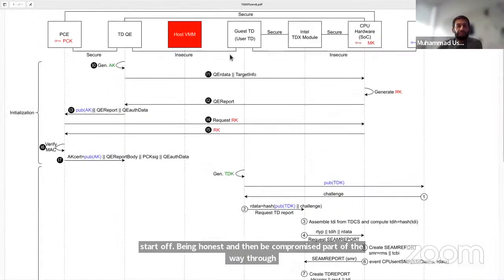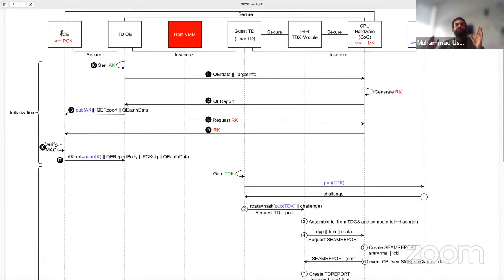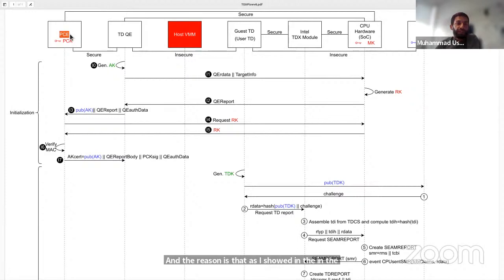So we assume that all of the entities shown as white in here are actually trusted, which means that throughout they are trusted and they work as assumed. And the reason is that, as I showed in the snapshots, if I do not have any of these trusted entities as trusted, then we will actually have broken attestation.